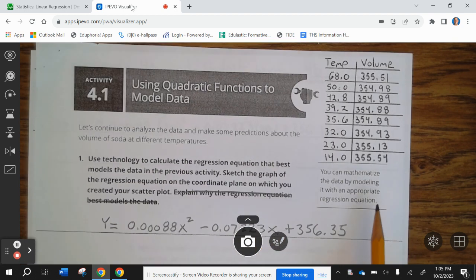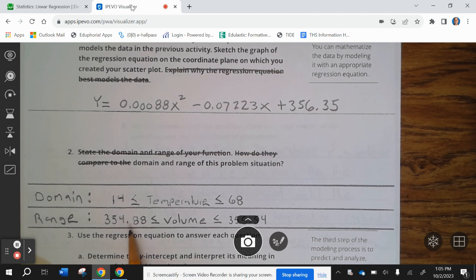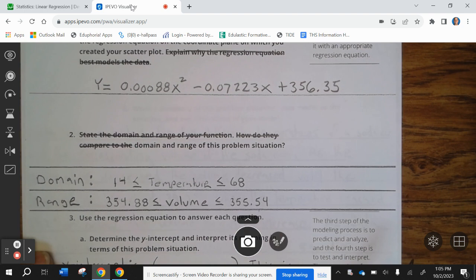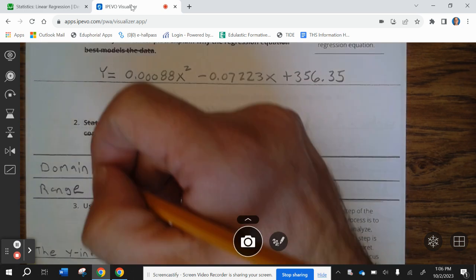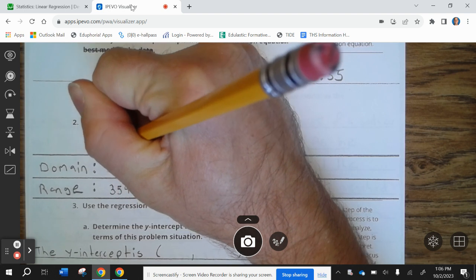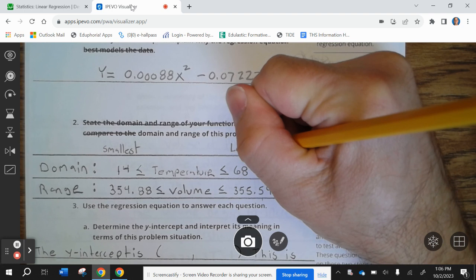So domain goes from 14 to 68, and the range goes from the smallest number, 354.88, to the largest number, 355.4. Okay, so go ahead and finish that up. So basically, we found the smallest number to the largest number.